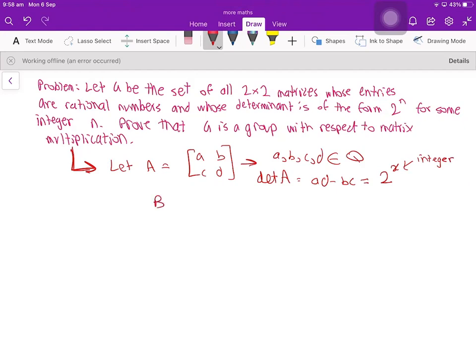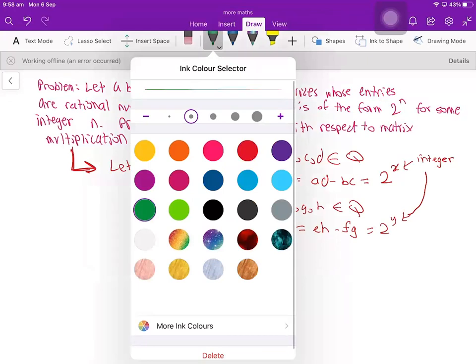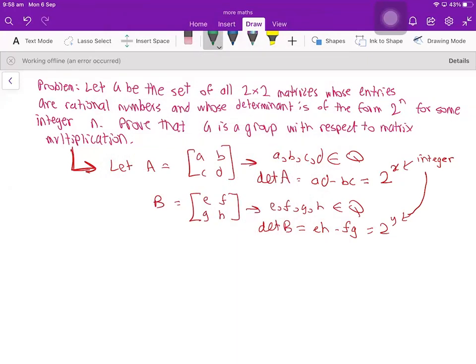And similarly, we can let the matrix B equal E, F, G, H, where again E, F, G, H are rational, and the determinant of B is EH minus FG and is of the form 2 to the power of y. Okay, so now what happens if we multiply AB?